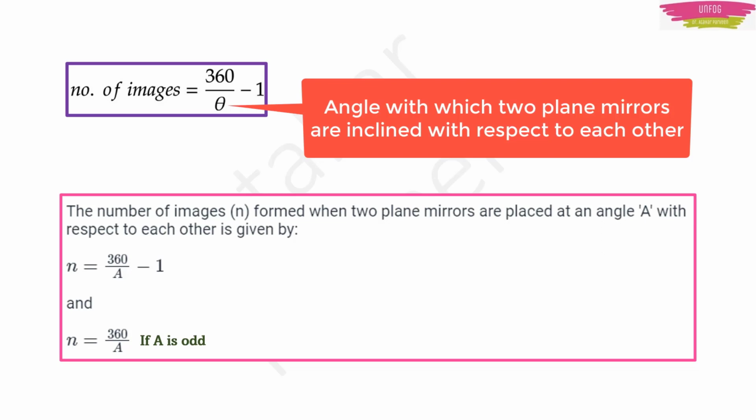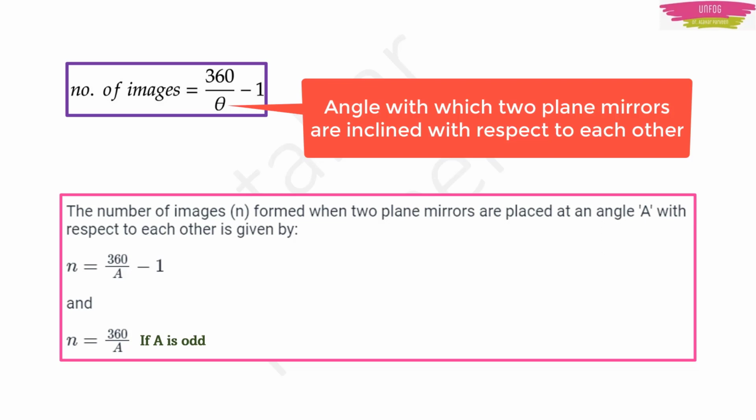See, even number means, for example, if your value of theta is 60 degree, 80 degree, 20 degree or 40 degree, then you use the formula n is equal to 360 upon A minus 1. Okay, or n is equal to 360 upon theta minus 1. But if the angle between the 2 plane mirrors is 30 degree, 50 degree, 90 degree, then you have to use the second formula, which is n is equal to 360 upon A or n is equal to 360 upon theta.